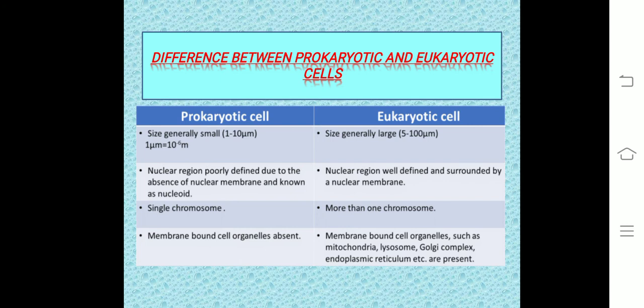Prokaryotic cells have a single chromosome, whereas eukaryotic cells have more than one chromosome. Prokaryotes lack membrane-bound cell organelles, whereas eukaryotes have membrane-bound cell organelles such as mitochondria, lysosome, Golgi complex, endoplasmic reticulum, etc.